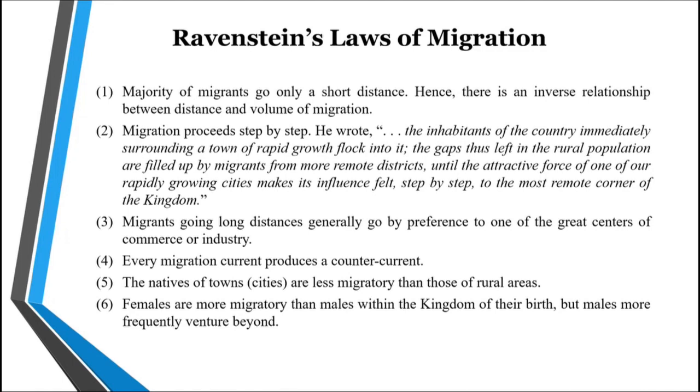First, the majority of migrants go only a short distance. Hence, there is an inverse relationship between distance and volume of migration. Distance and volume are similar to, or inspired by, the gravity model, which we will come back to later. In other words, people usually go a short distance.